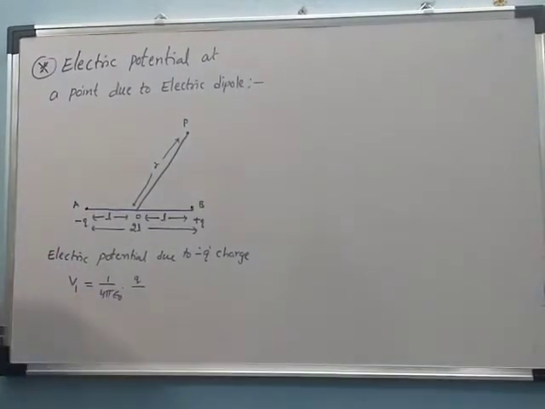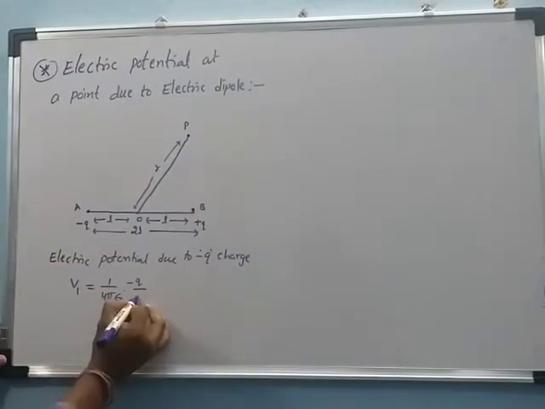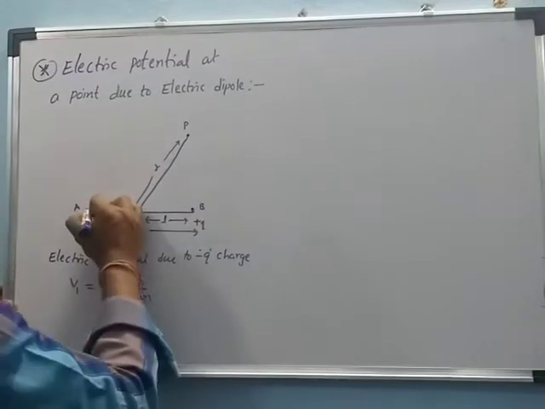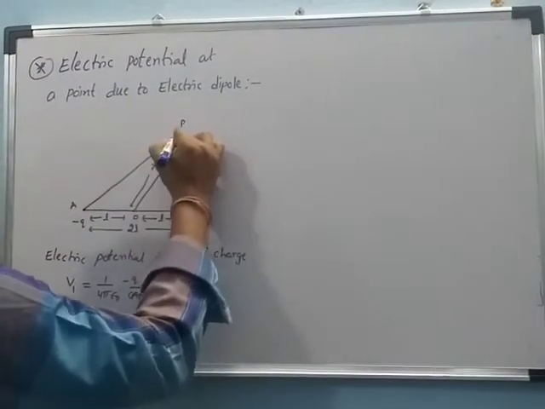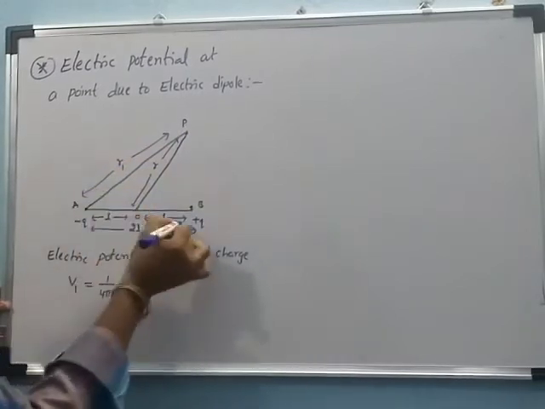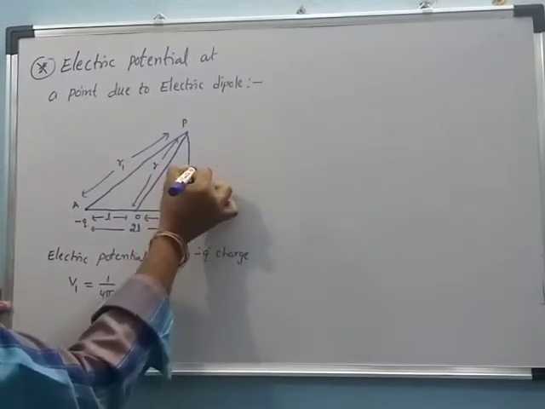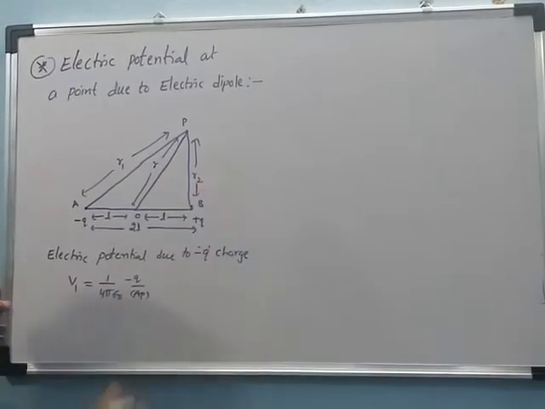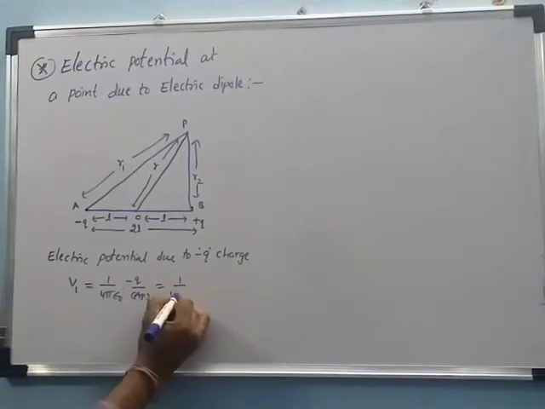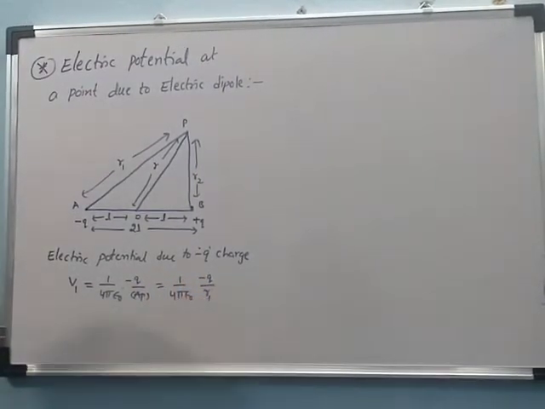The distance is A to P. We consider the distance A to P as R1 and the distance P to B as R2. Then V1 is equal to 1 by 4 pi epsilon naught times minus Q by R1.